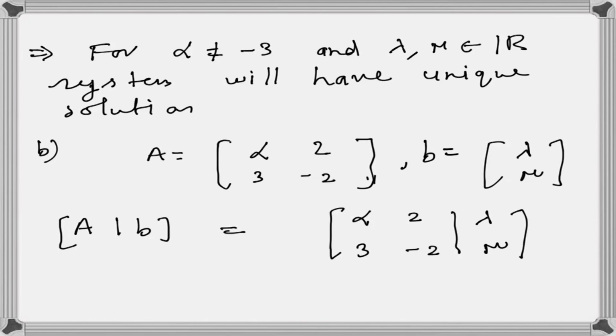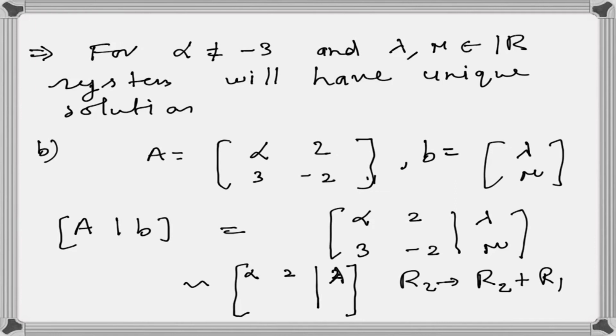So here, if I apply the row operation R2 replaced with R2 plus R1, then we get alpha 2, lambda, and then 3 plus alpha 0, lambda plus mu.